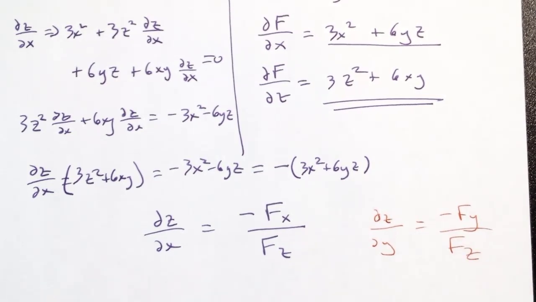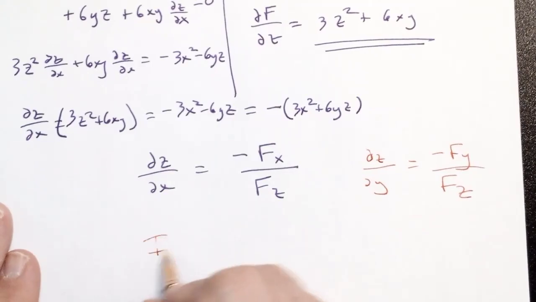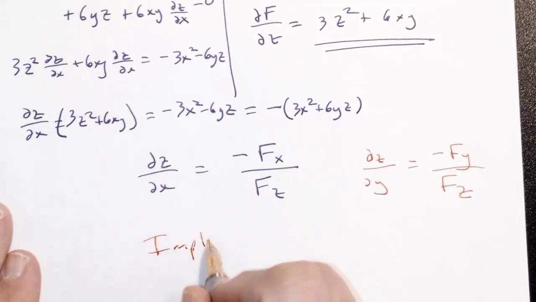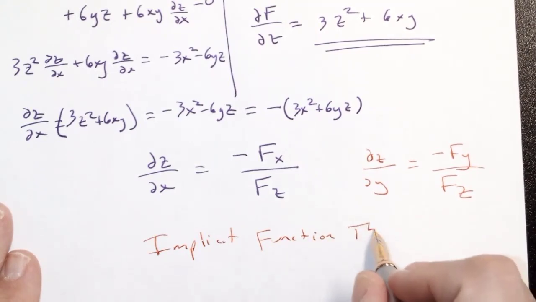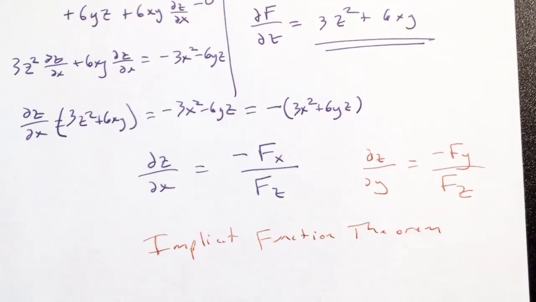It works the other letter too. As a matter of fact, this result is called the implicit function theorem. And one of the first results in proofs in calculus that I had to learn was the proof of this sucker, which isn't that long, but it's really messy.